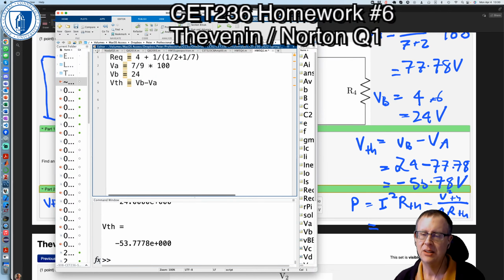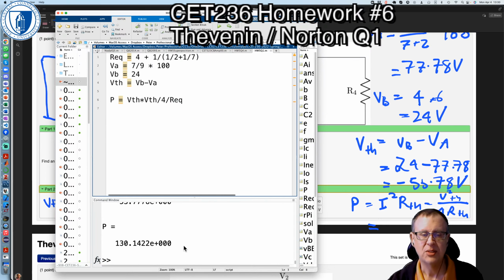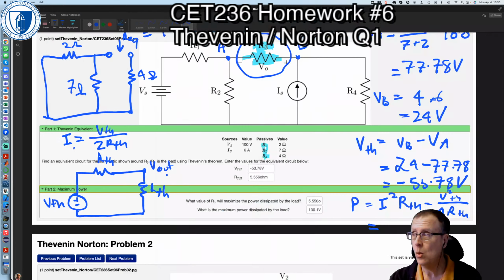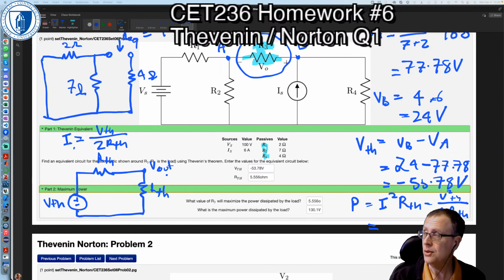And then our power is going to be VTH times VTH on 4 on R equivalent, or RTH. And let's see what that gives us. And that gives us 130.1, and that's going to be watts, right? So 130.1 watts. And that is question 1 done.